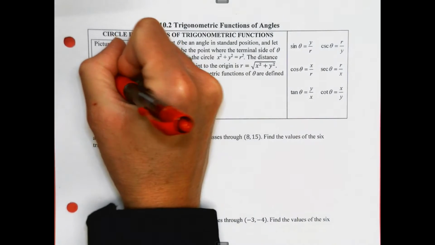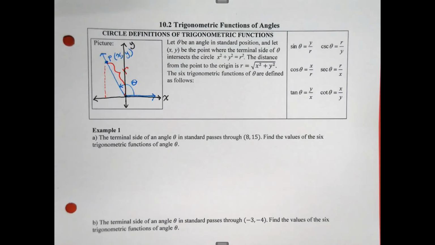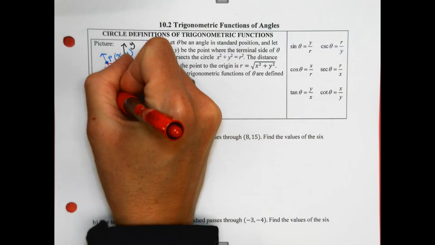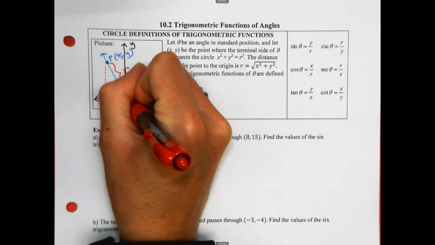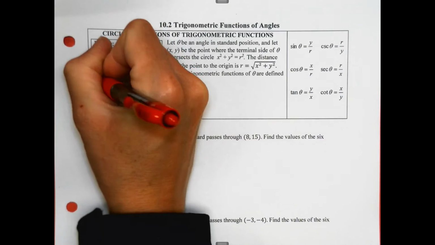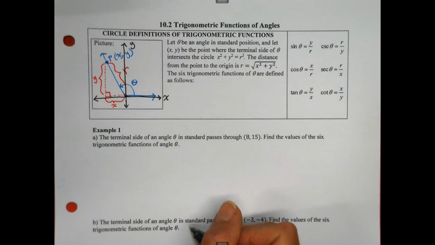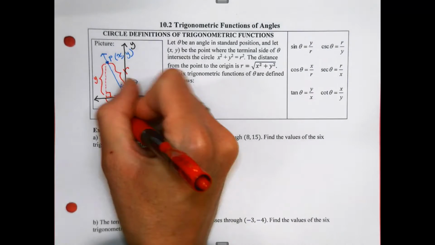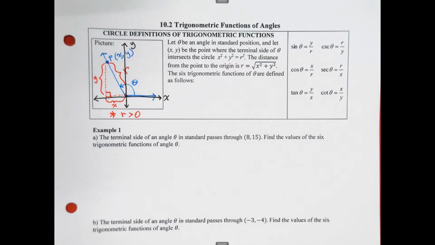Remember, you're always going to think of the triangle that is created here by our point, and it's always going to be a right triangle where the distance here is x and the distance here is y. And our r is always going to be positive. R is always greater than 0. R will never be less than 0.